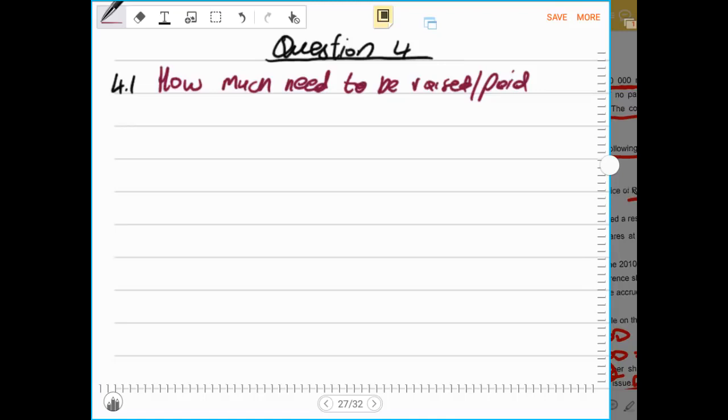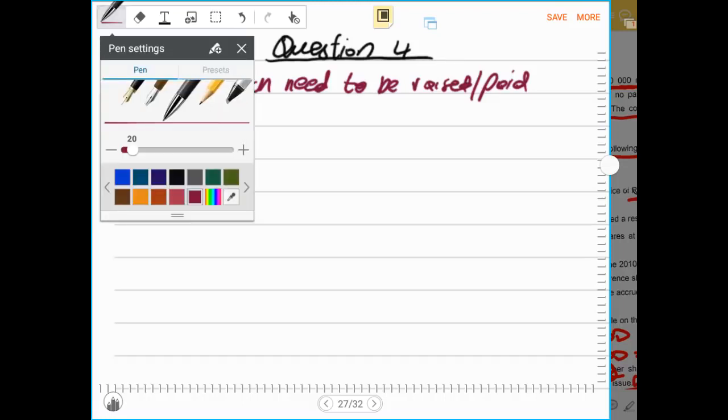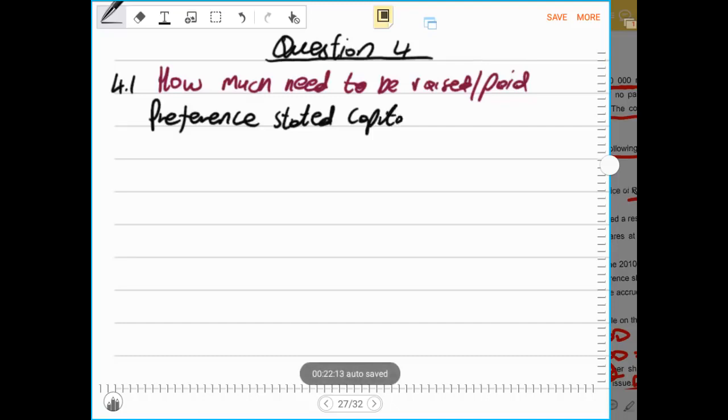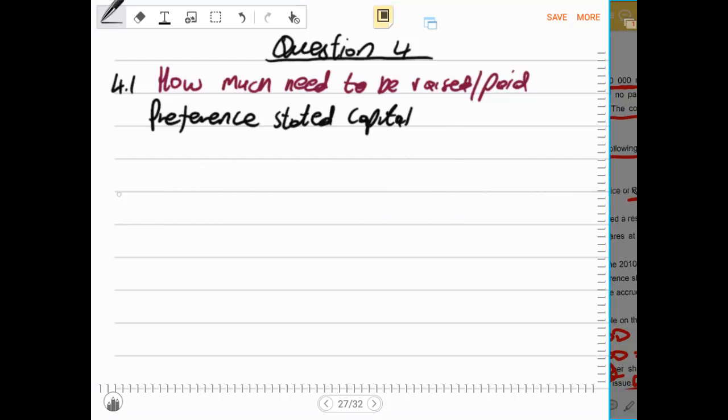So now we continue. We know that whenever there's a redemption, there will always be capital that has to be paid back, which in this case is preference stated capital. Then you ask yourself, are all the shares being redeemed?